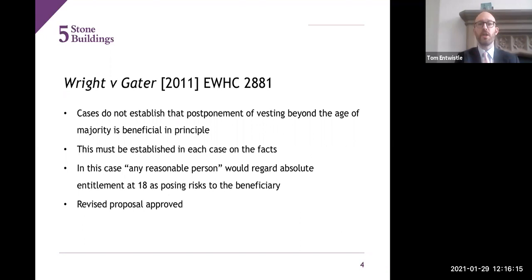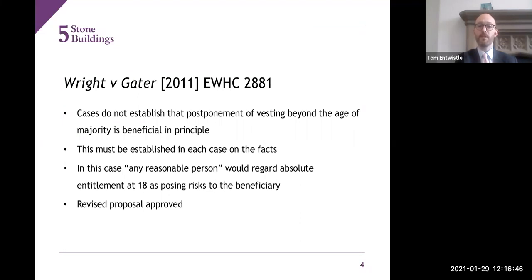So despite the judge's clear rejection of any sort of general principle that interests should be postponed beyond age 18, or that this is inherently for benefit, Wright and Gator is, I think, more helpful in applications of this sort than it perhaps seems at first sight. The judge accepted that the concept of benefit under the VTA extends to moral benefit.